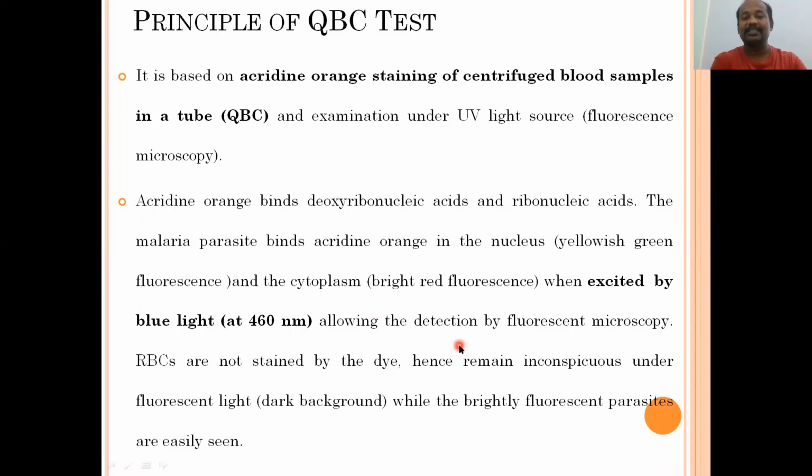We can detect this through fluorescence microscopy only, since the acridine orange will emit fluorescence light. So the basic principle involved in the QBC test is that acridine orange binds with the nucleic acids and cytoplasm of malarial parasites. Once it is bound, it will give fluorescence light: yellowish green from the nucleus, bright red fluorescence from the cytoplasm.